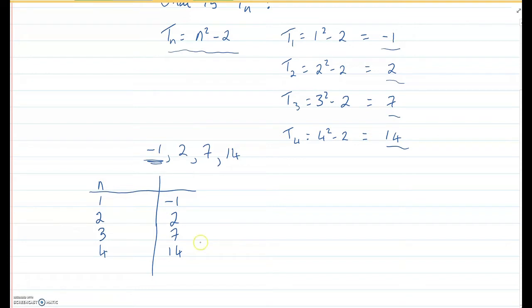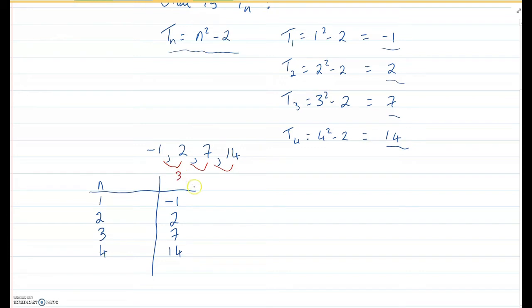And really what we're trying to do is find a relationship between this number n and the actual term here. So the first thing you're going to do is find out what the second difference is. So every quadratic, you are going to have a common second difference. So what is the difference between minus 1 and 2?